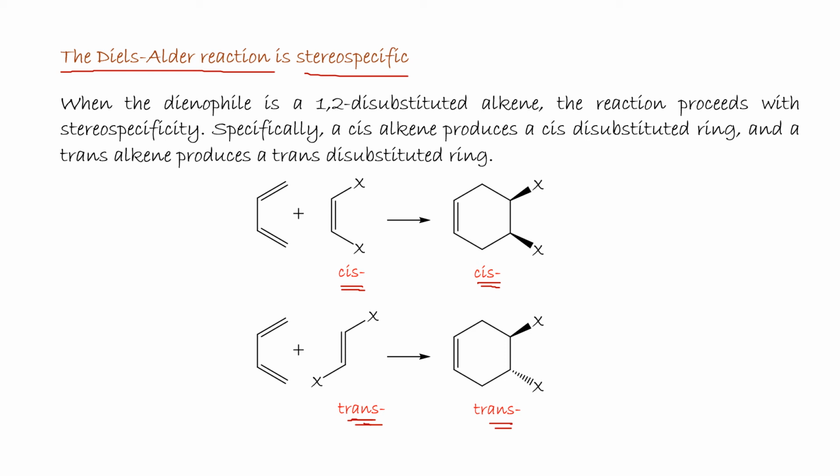So here we have the cis and we have the trans. When the dienophile is a 1,2-disubstituted alkene, the reaction proceeds with stereospecificity. Specifically, a cis alkene will produce a cis disubstituted ring, and a trans alkene produces a trans disubstituted ring.